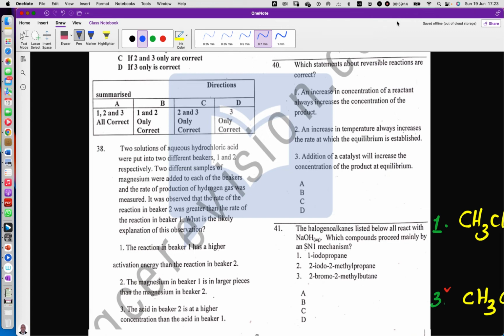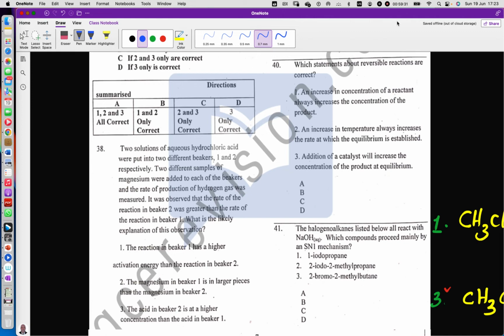Of course, it was dilute hydrochloric acid in the 2 beakers. Then we can bring magnesium ribbon into the 2.